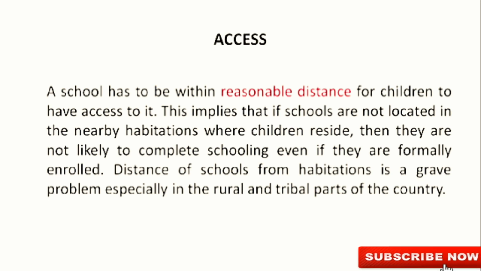The distance of the schools from the habitation is a grave problem, especially in the rural and tribal parts of the country. The most important essential elements are three factors: the first is access, the second is equity, and the third is quality.